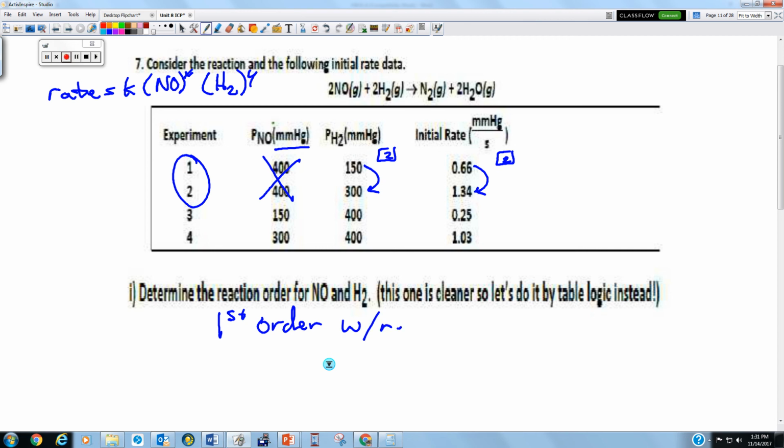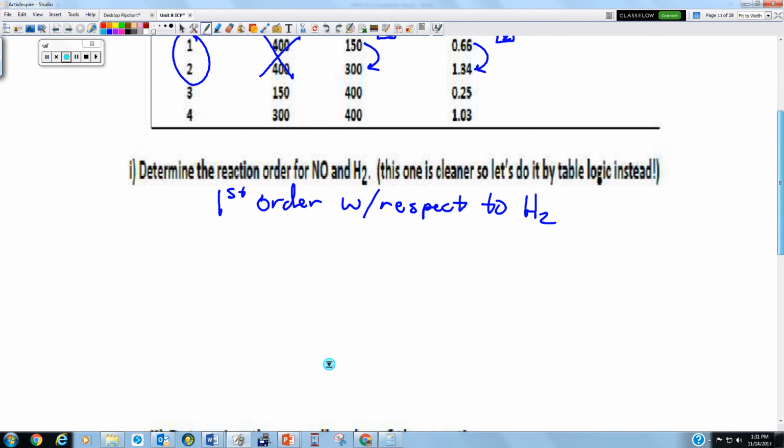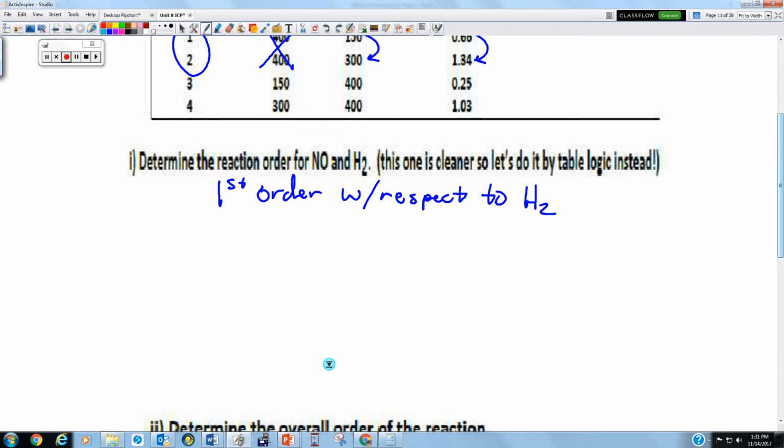So this is first order with respect to which one? To H2. All right. Now, the only problem with this is that's not enough explanation to get full credit. You do need to explain. And this is the way I was taught to explain it.